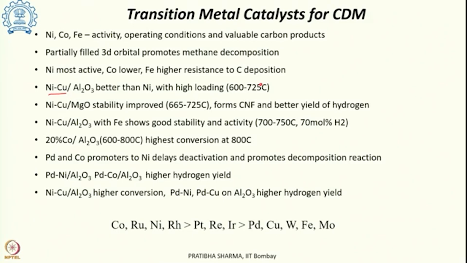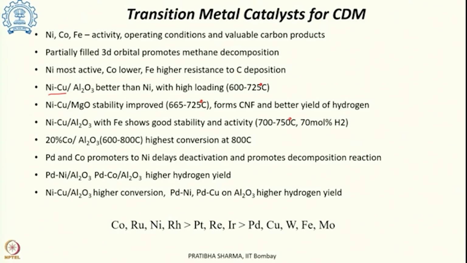When nickel copper on magnesium oxide is used, it has a better stability in the range of 665 to 725 degrees centigrade, and it forms carbon nanofibers and also provides a better yield of hydrogen. Similarly, nickel copper along with iron on an alumina support has a good stability in the range of 700 to 750 degrees centigrade, and it can even give yields of 70 mole % of hydrogen.